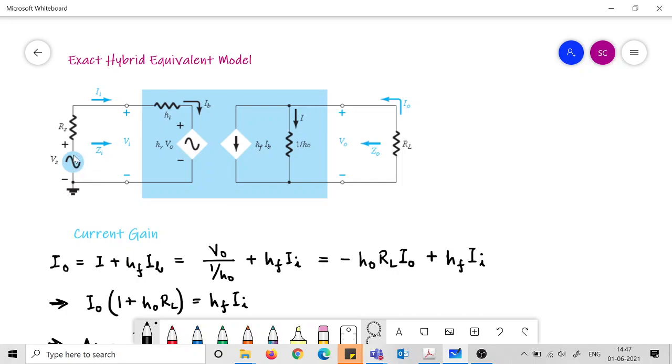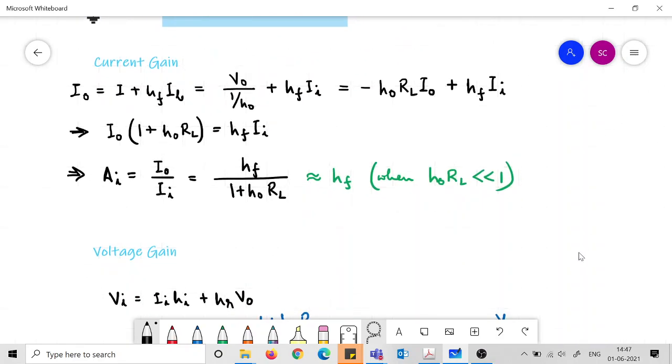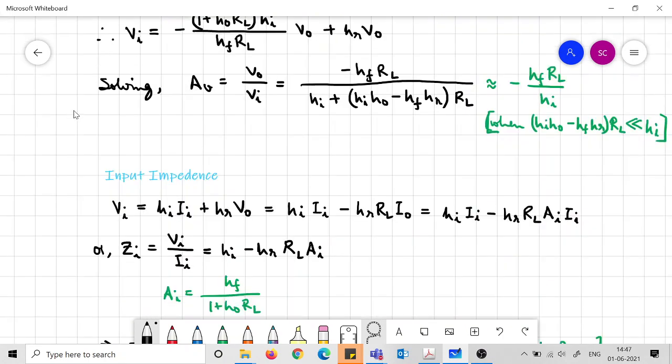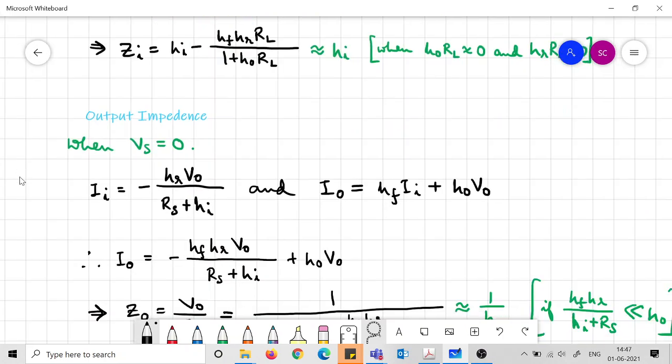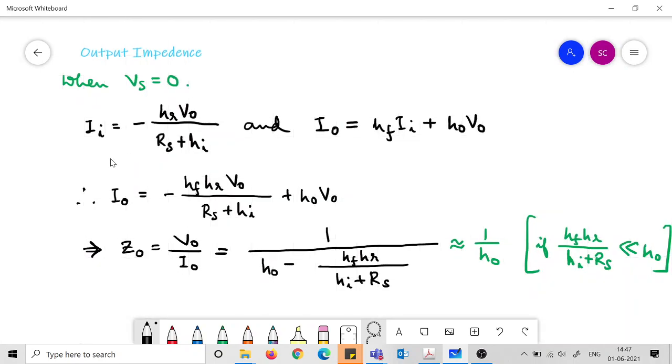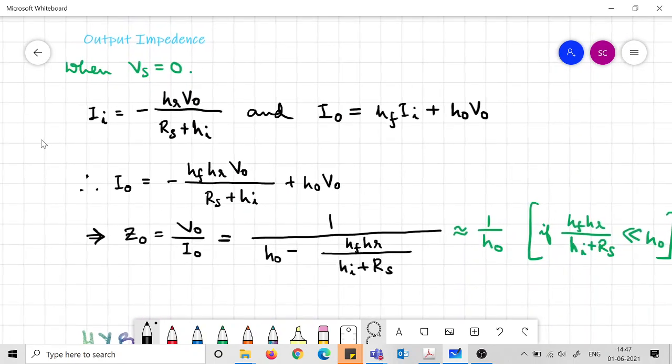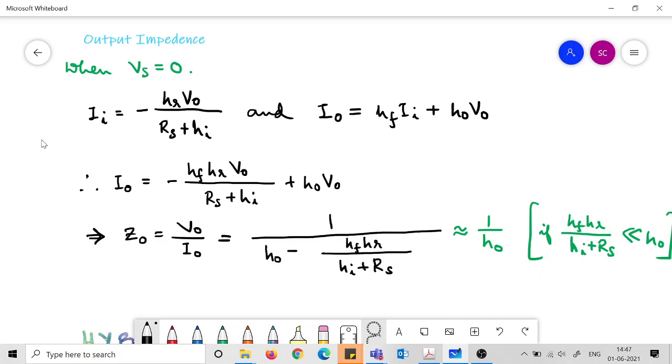When your Vs is 0, then in this branch, the input loop, you have one source here which is driving the current, and the resistances in the loop are Hi and Rs. So the current II would be this voltage divided by Hi plus Rs. So that is the thing written here in the output impedance. II equals minus HR V0 by Rs plus Hi, the minus sign comes because of the directions.